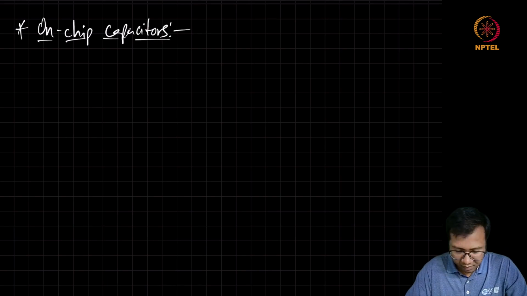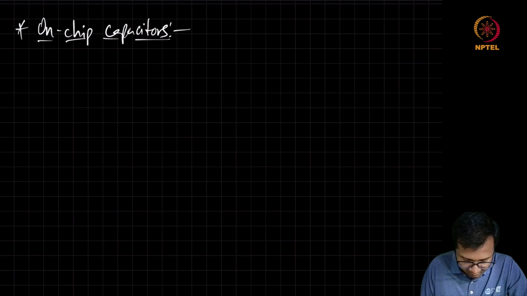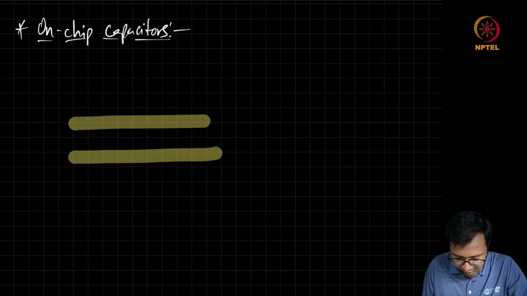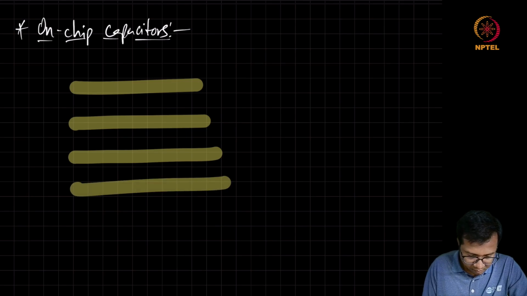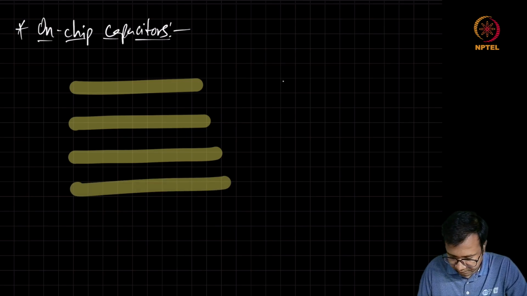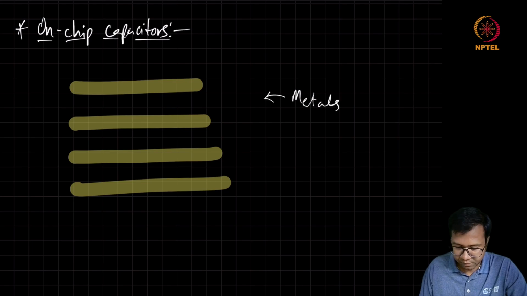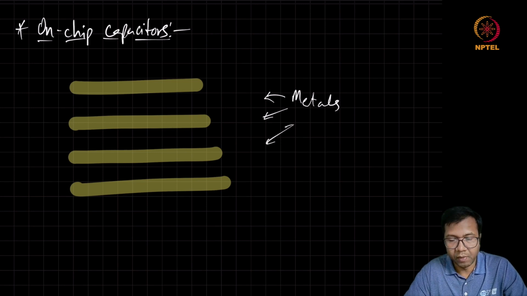As we have already seen, in a CMOS process we have access to multiple metal layers. So these multiple metal layers can be very easily used to design parallel plate capacitors.